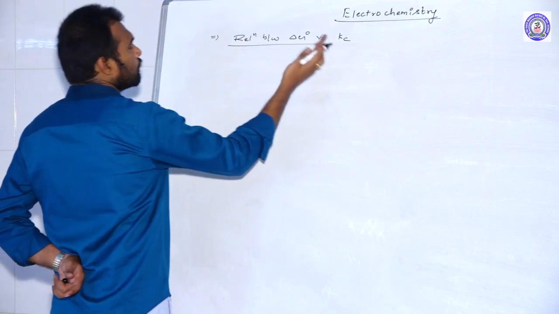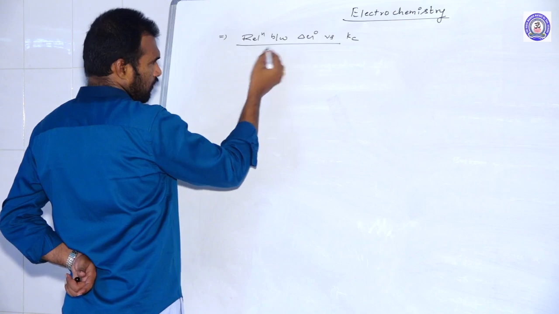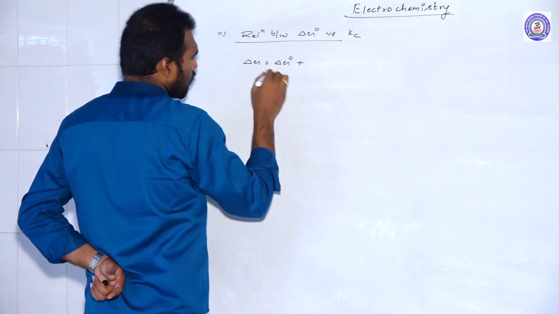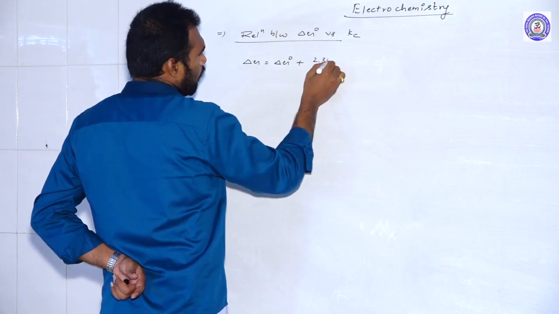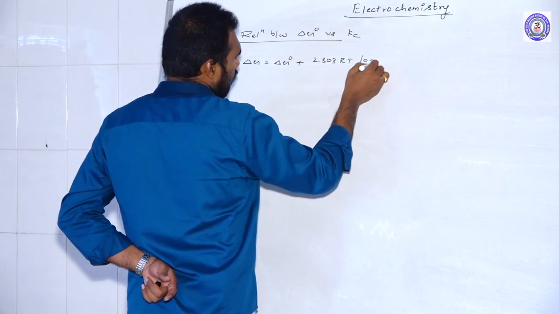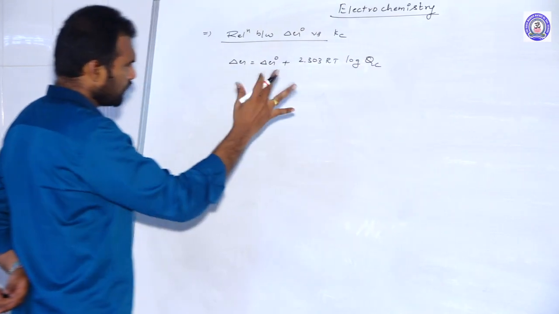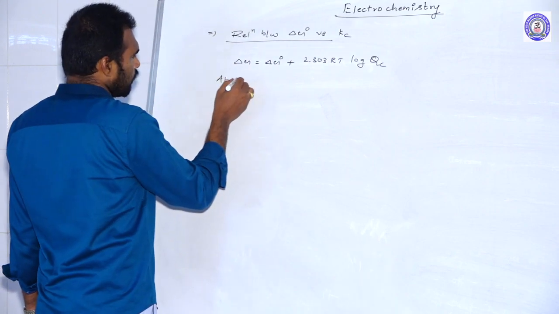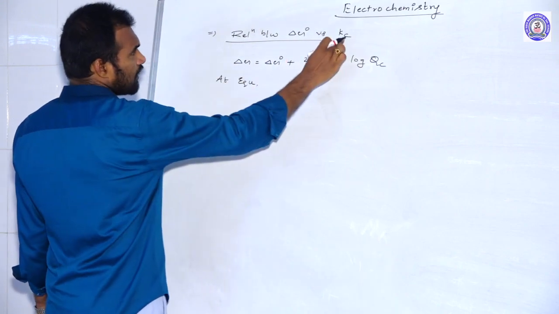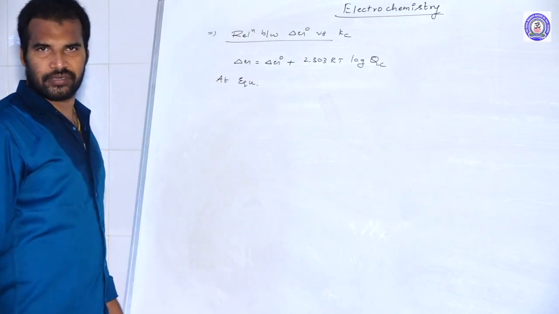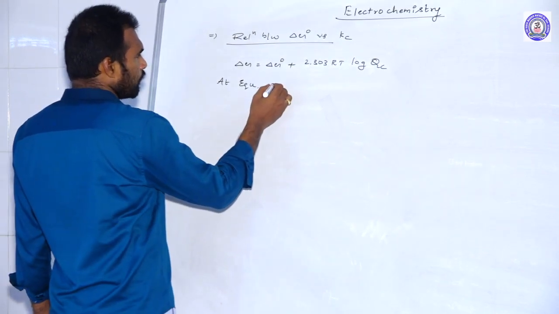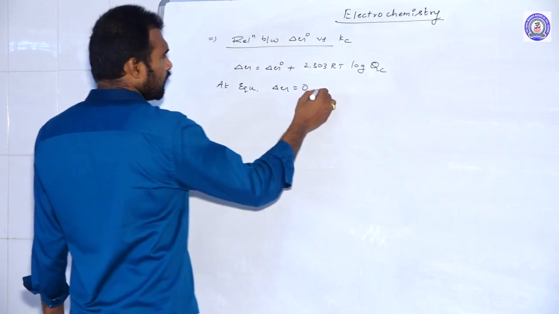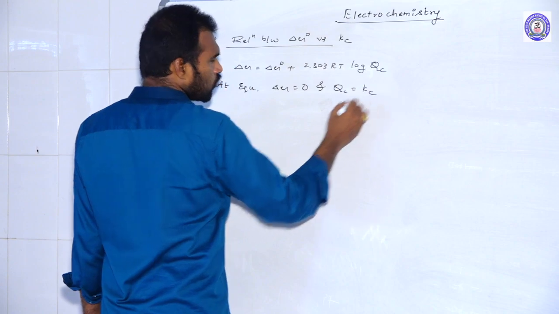As we know, let us take an example equation: del G is equal to del G naught plus 2.303 RT log QC. That we know, the Helmholtz equation. Now at equilibrium, because Kc is possible only at equilibrium, del G value is equal to 0, and QC value is equal to Kc.